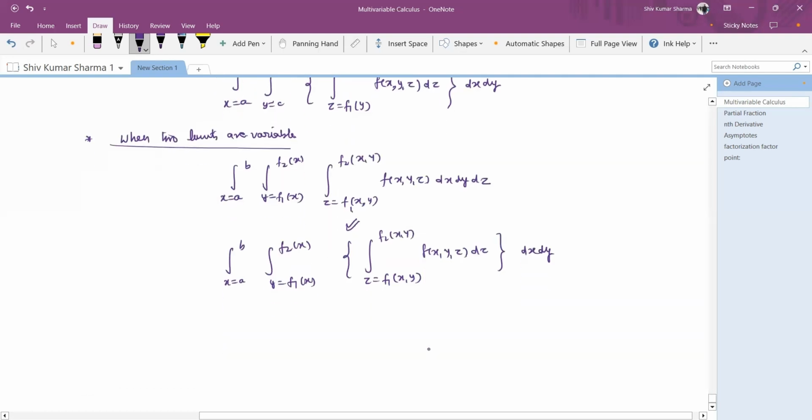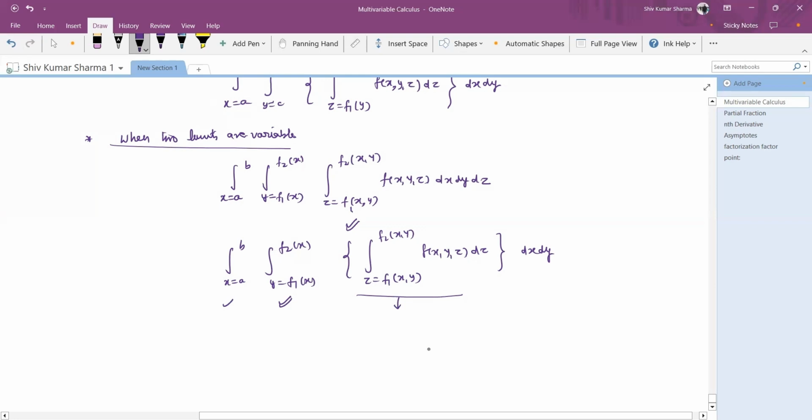When we solve with respect to z first, then we solve with respect to y, because y also has a variable limit, and then we solve with respect to x. Okay, so hope you understand.